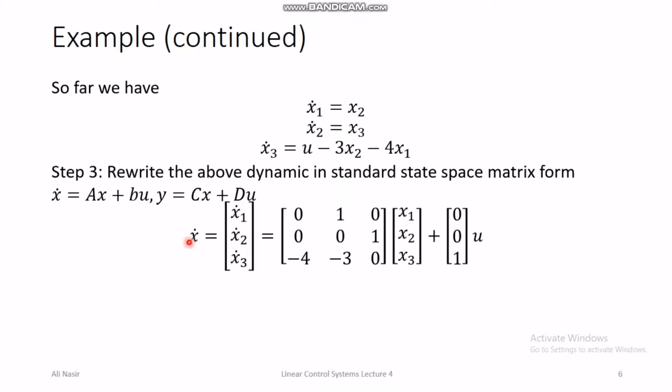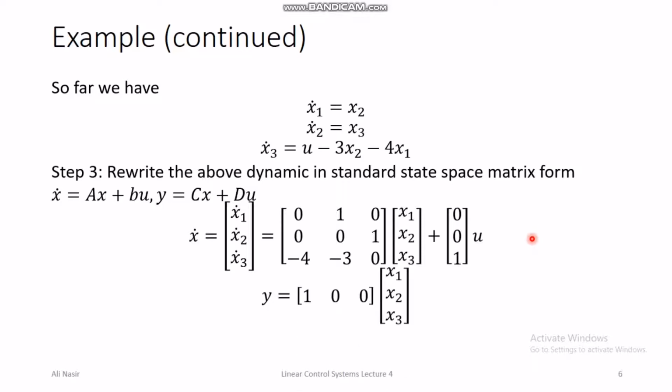So x dot is equal to, x will be the state variable vector, so this will be x1 dot, x2 dot, x3 dot, and since x1 dot is x2, you can write it as 0 times x1 plus 1 times x2 plus 0 times x3 plus 0 times u, and then x2 dot is x3, so it is 0 times x1 plus 0 times x2 plus 1 times x3 plus 0 times u, and x3 dot is u minus 3x2 minus 4x1, so it is minus 4 times x1 minus 3 times x2 plus 0 times x3 plus 1 times u. So that is how you convert this into matrix form.